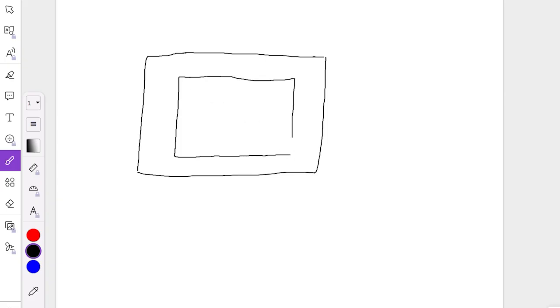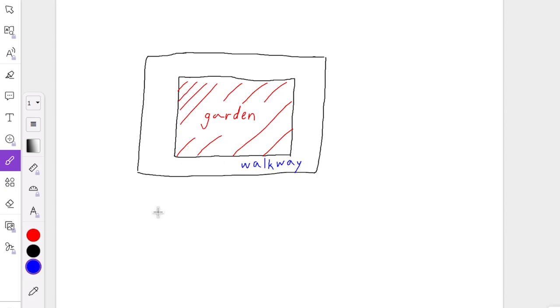The reason I have 2 rectangles is because the actual garden itself will be in the middle. Okay, there's my garden. Pretty nice. And then the outside is actually going to be a walkway, so I can walk around my garden. That makes sense, right?